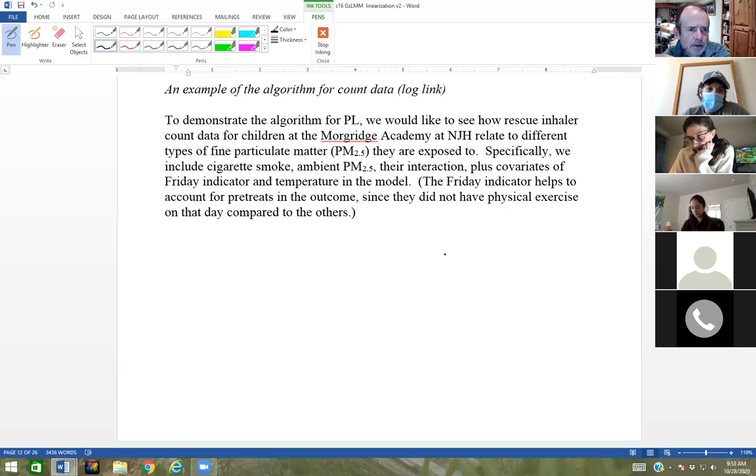I have looked at the distribution of the linearized data, not for a ton of data sets, but for some. And it's not exactly normal. It's not perfect, but the most important thing that we want to see is not that the pseudo data is normally distributed. We want the parameter estimates in the model to behave well, right?